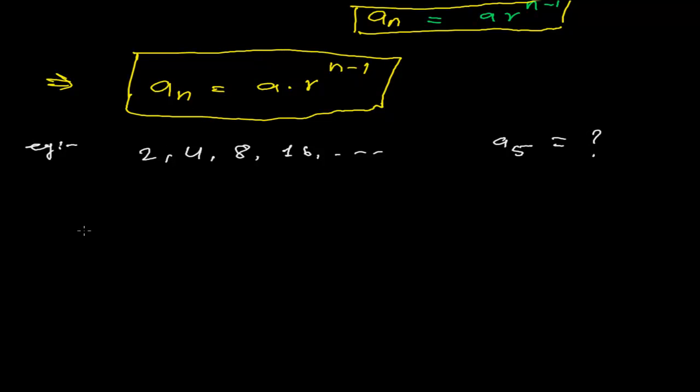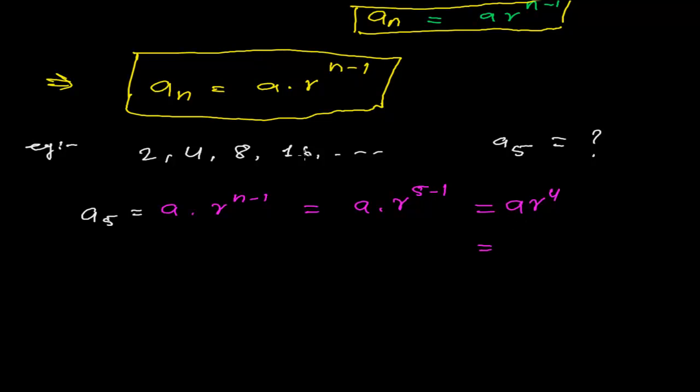So according to this formula, a_5 will be equal to the first term times r to the power n minus 1. But here the first term is a, r will be the same, but n will be 5, so 5 minus 1, that is a r to the power 4.